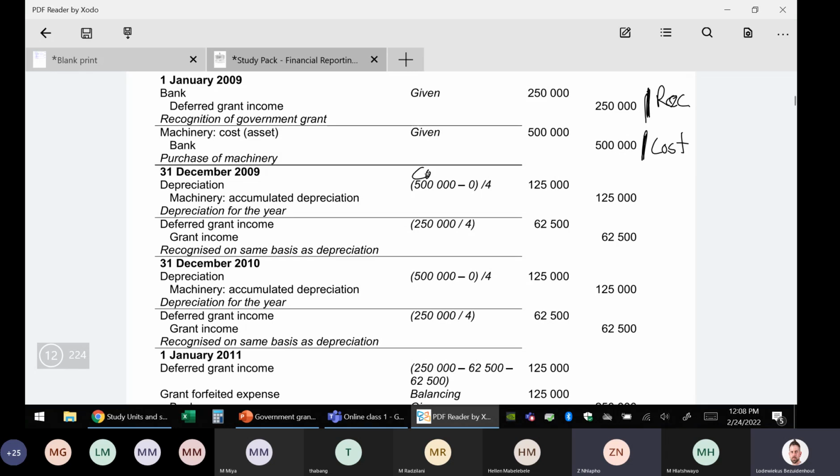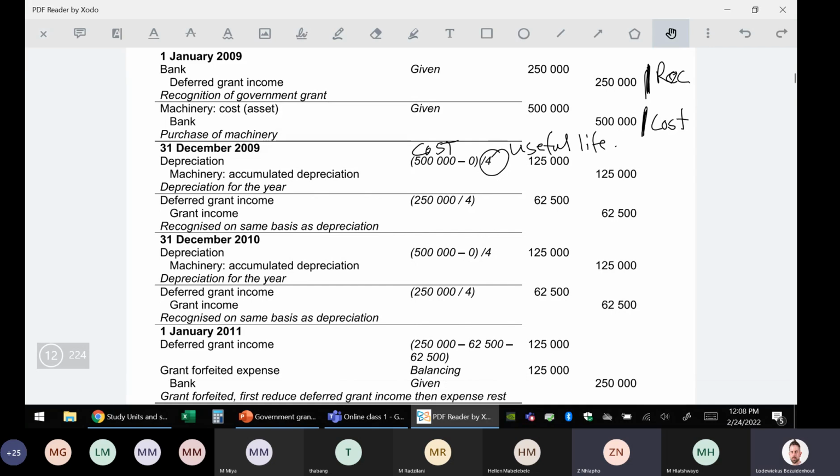Depreciation is on the cost divided by the useful life. Because it is shown as other income, we don't deduct the grant from the cost of the asset. So the cost stays 500 and we will calculate depreciation on that.